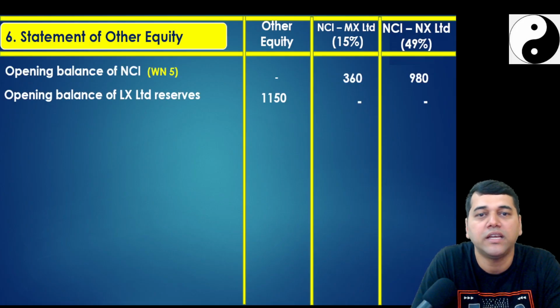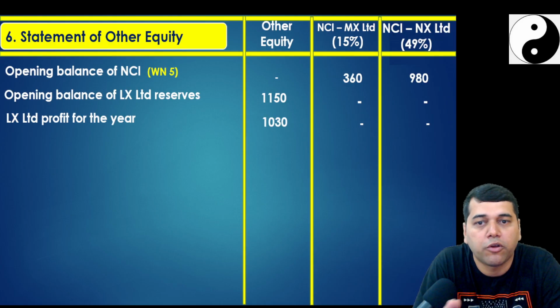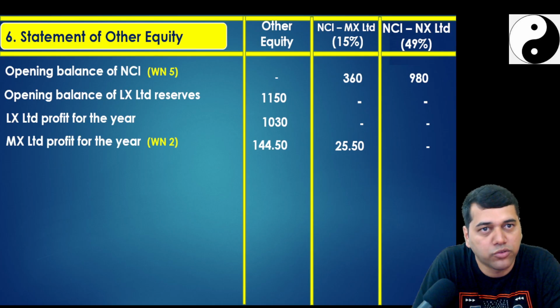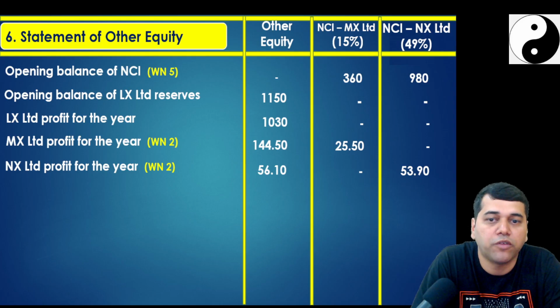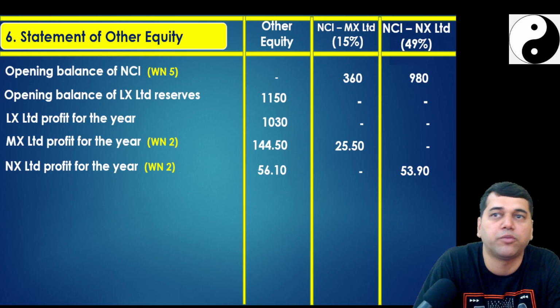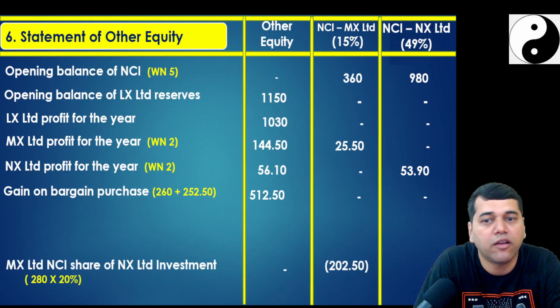Statement of other equity, I start with opening balance 360,980, opening reserves 1150, profit of LX 1030. MX profit I will distribute in whatever ratio, 144.5 and 25.5. Did you get this? And NX profit I will distribute 56.1 and 53.90. Gain on bargain purchase, again I have got two gains, they didn't tell me set off and all.